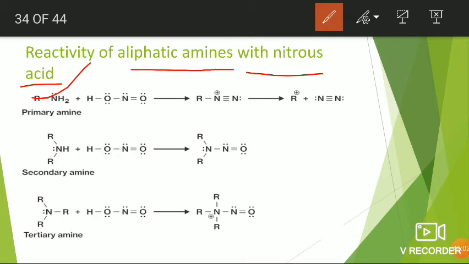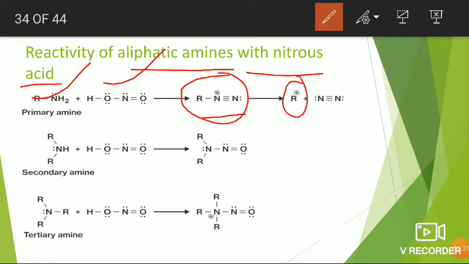Here the aliphatic primary amine undergoes reaction with nitrous acid, HNO2, to form an unstable diazonium salt. This diazonium salt generally undergoes dissociation to form the corresponding carbonium ion, which is unstable.